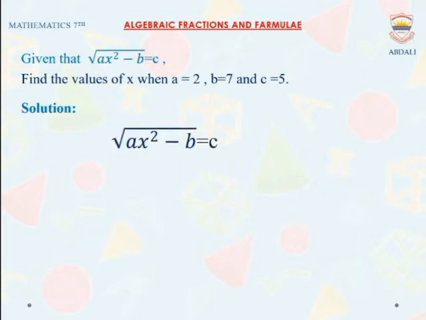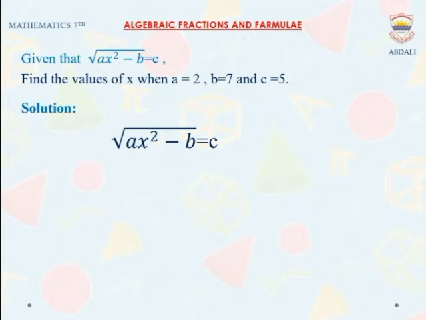So class, to find x, firstly we have to make it the subject of the formula, which means to find x we have to separate it from other values. To separate it, we can see that x is with square and it is in square root. So firstly we have to remove the square root.